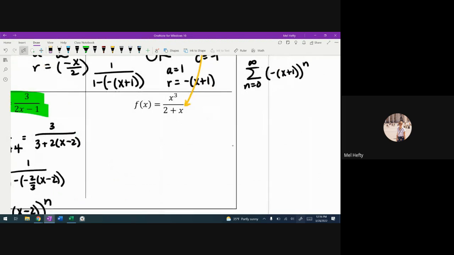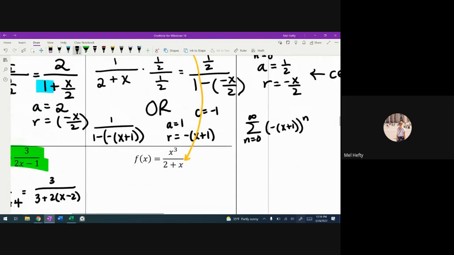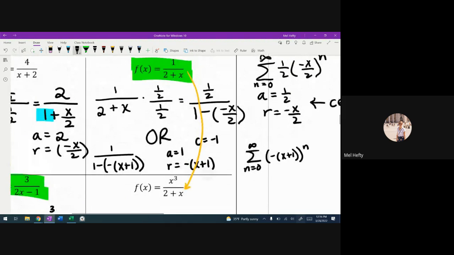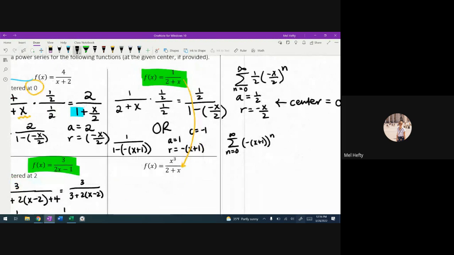So I could take the series that I did centered at 0, since we made that one a little bit cleaner and most of you guys chose to go that way. So I had n equals 0 to infinity of my 1/2 -x over 2 to the n. And I'm just going to multiply that general term by x cubed. We did that in our notes when we distributed an x through the cosine one.